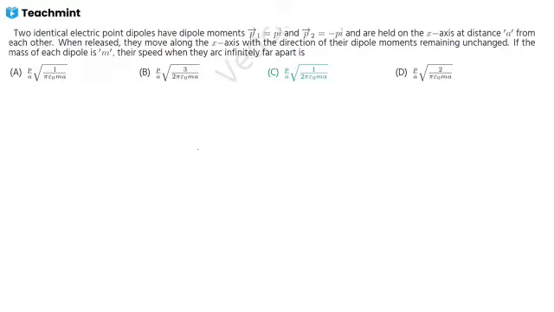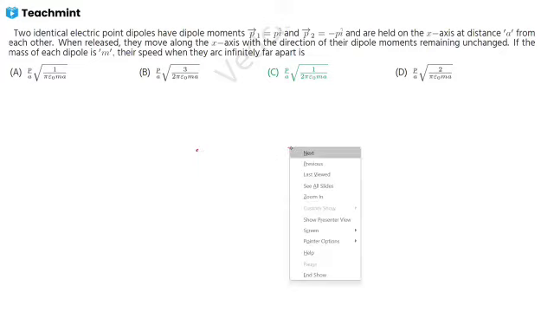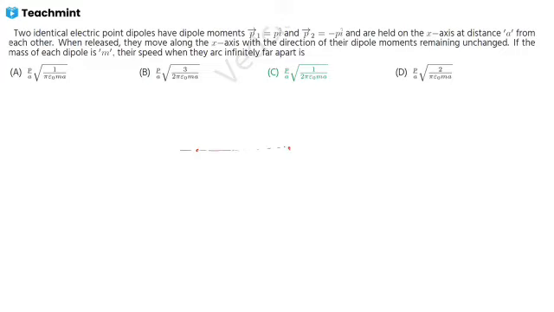So let us imagine that these two dipoles, as given in the question, are along the x-axis. Okay, one is P1 and they have given it as P i cap, that is, it is along positive x direction.